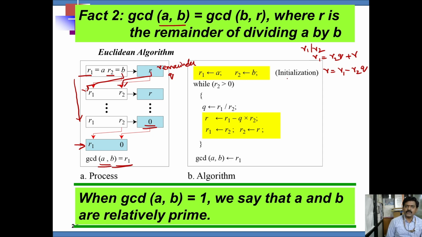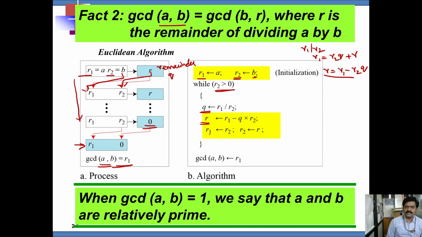Let us look at how the algorithm is written from the given process. Initially, we take R1 as A, R2 as B, then we iterate while R2 is greater than 0. As you can see, we calculate the Q coefficient and the remainder R as we discussed earlier.